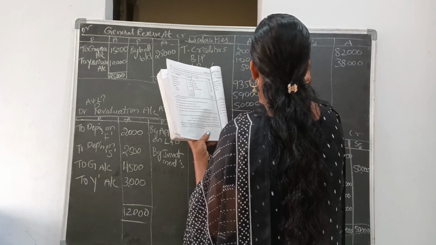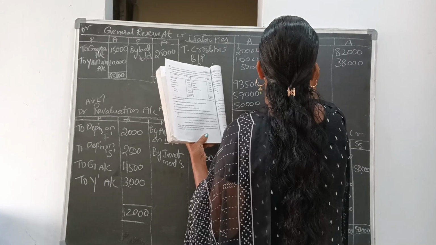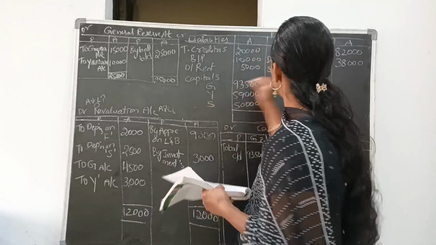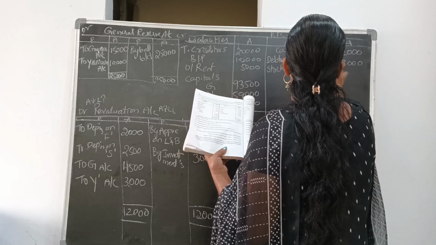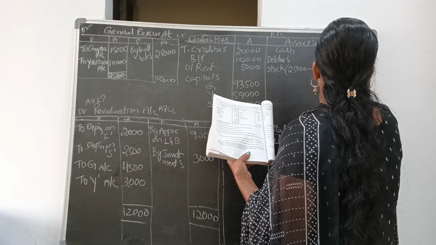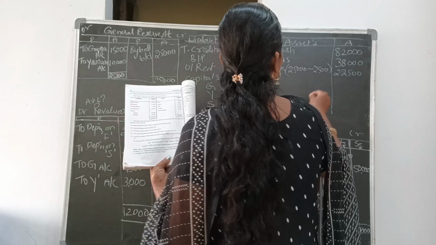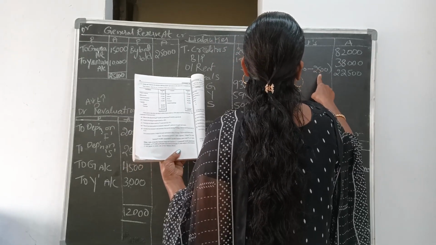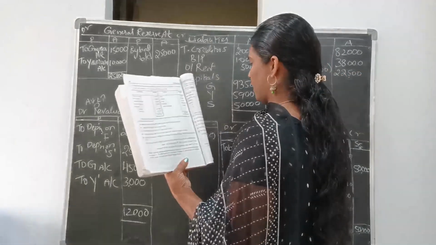Next, stock. What is the value of stock? 25,000. Depreciation on stock is 2,500. So deduct, minus. I'm deducting the depreciation amount. After deduction, 22,500 is the value of stock.